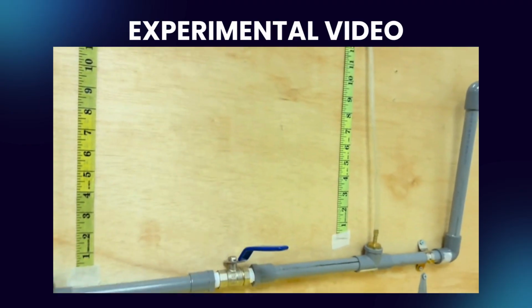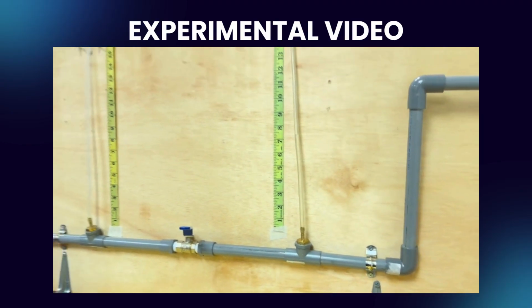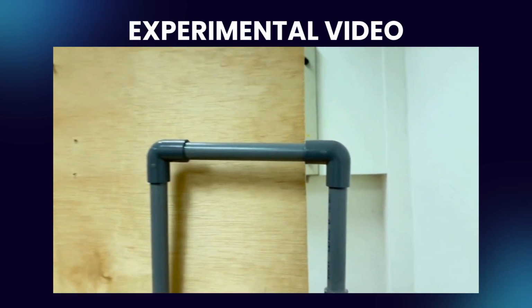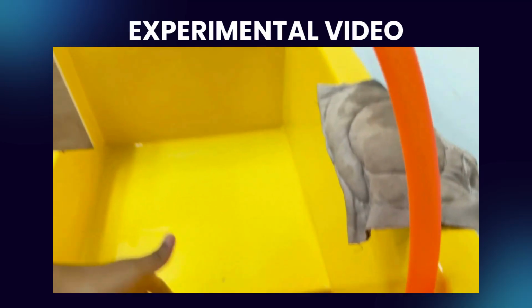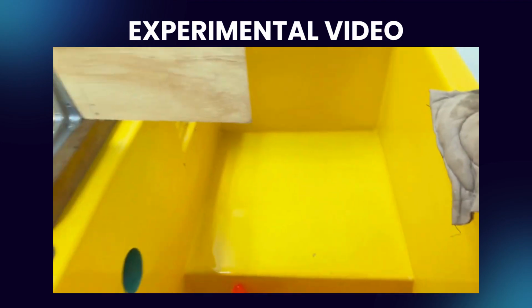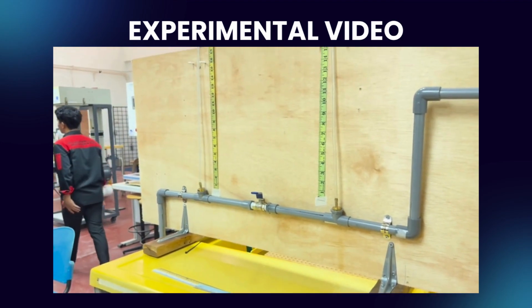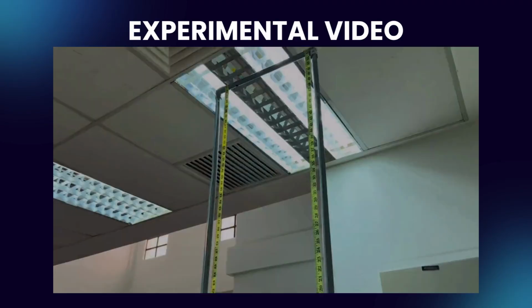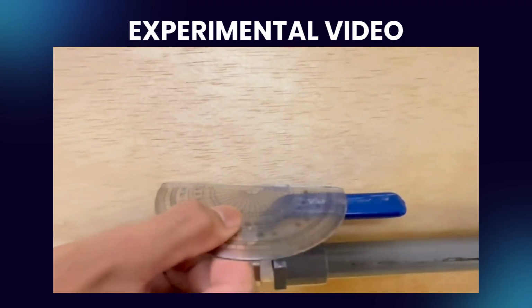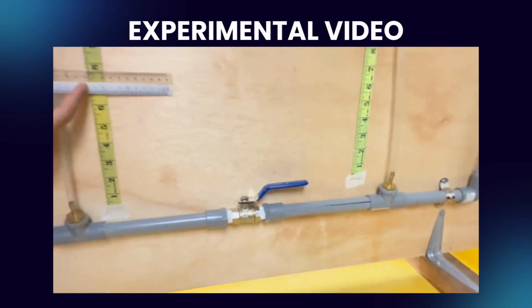And then we have the brass male fitting, and for the outlet we have the adjustable hose for the water to flow out. Now we start our experiment with the 0-degree angle.